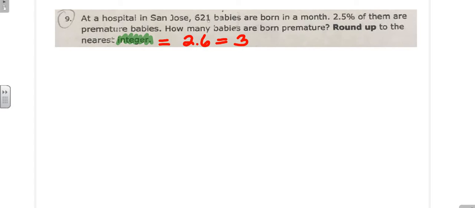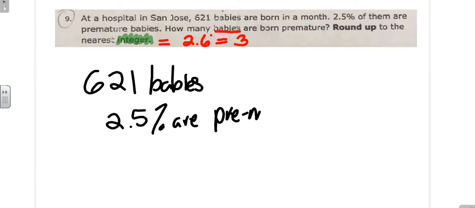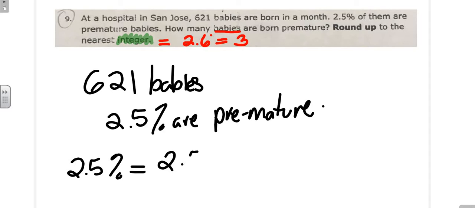The reason why we're rounding to the nearest integer is because we're talking about babies, human beings, and we don't talk about portions of babies. So if I have 621 babies born total, and 2.5% are premature, 2.5% is 2.5 over 100.